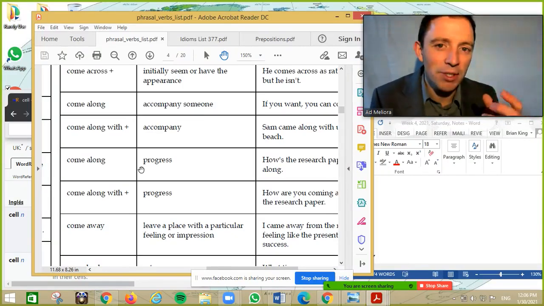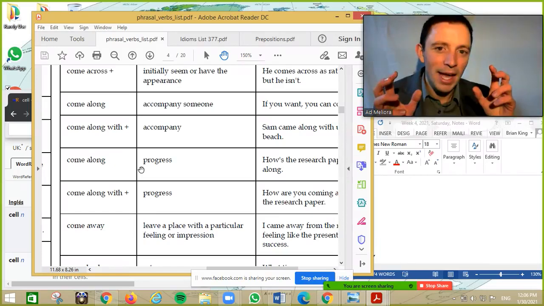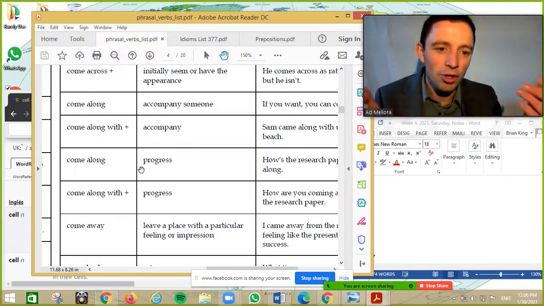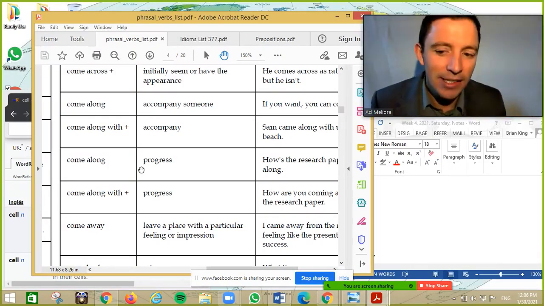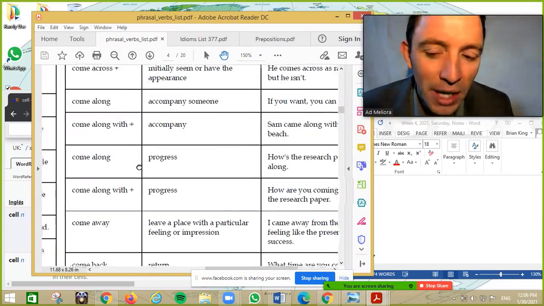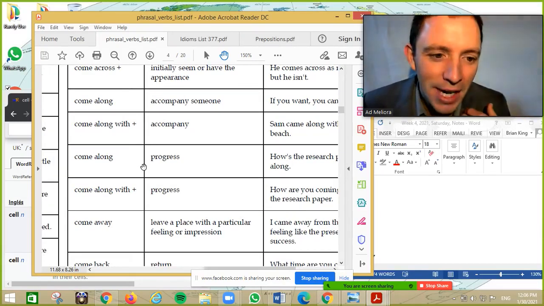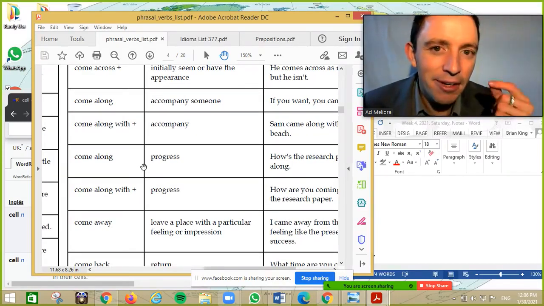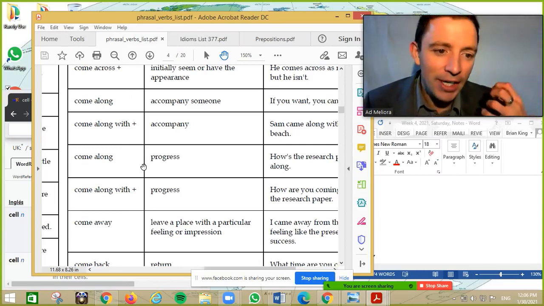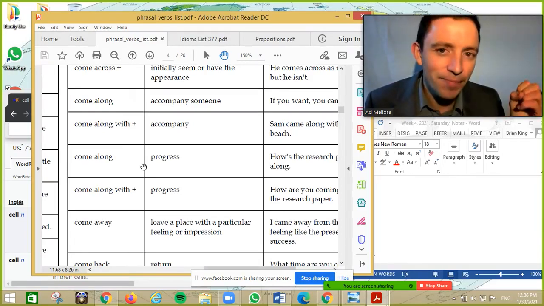So that's very possible as well. The transportation of the vaccine is coming along good, or it's coming along well. So it's progressing very well. And that's a very common phrasal verb as well. Very simple for native speakers, very quick, very fast, and for people learning English, probably difficult to catch. Okay?